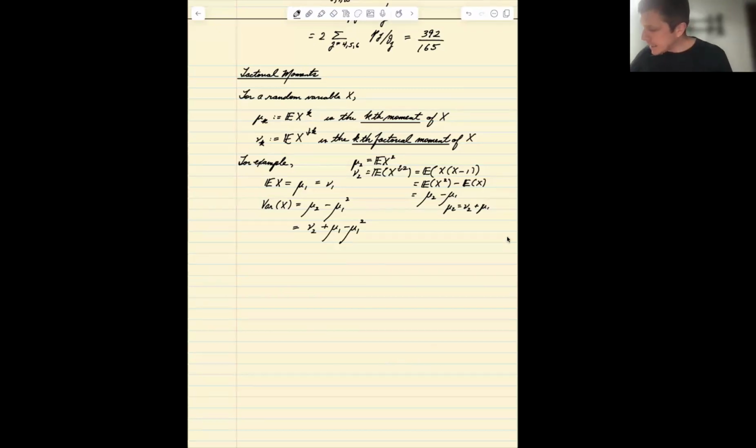But then, since this is in terms of the first moment, and we know that the first factorial moment and the first moment are the same, we can replace the mu ones with nu ones, and we get this expression.